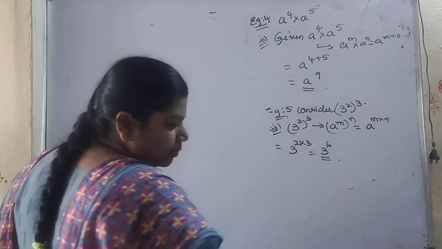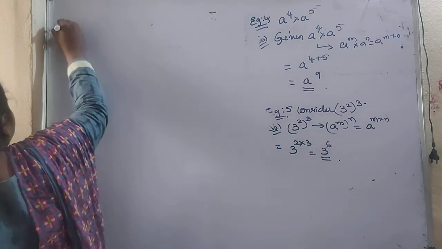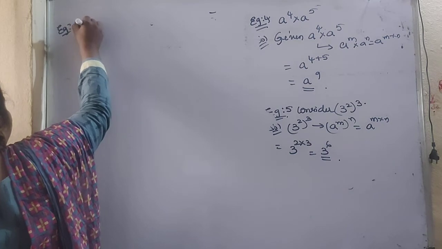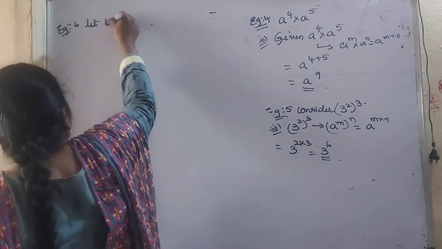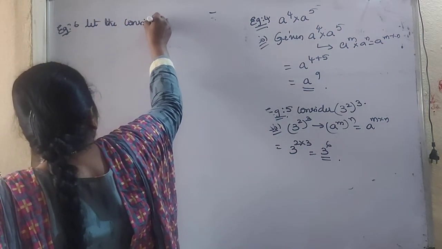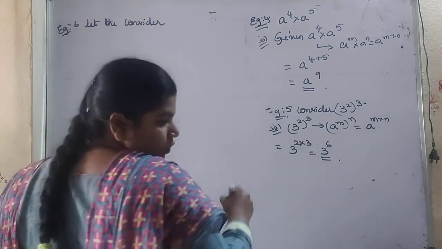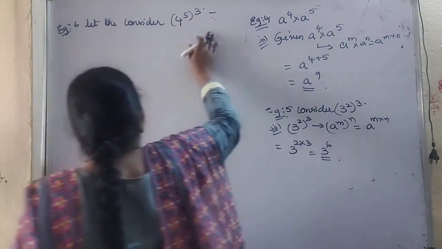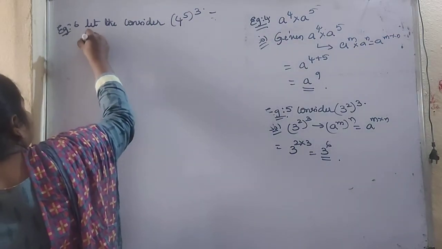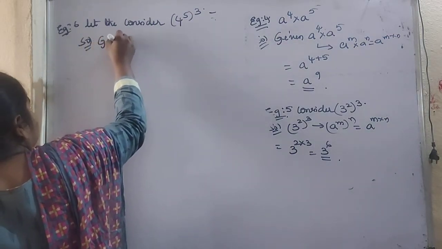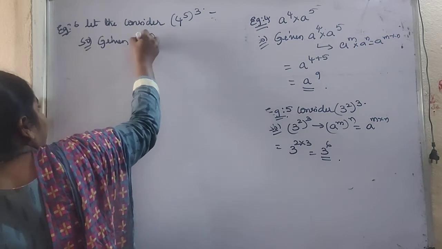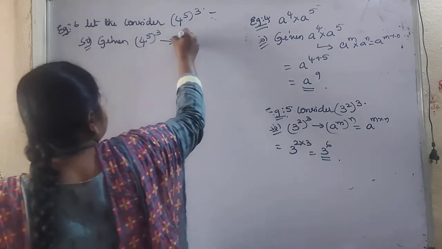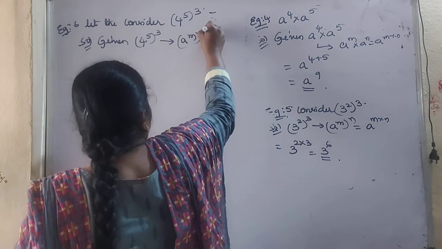Next is example number 6. Again you have to do it the same way. Let us consider 4 power 5 whole cube. So we have to multiply again. Solution: given 4 power 5 whole cube, this is again in the form of a power m whole power n.